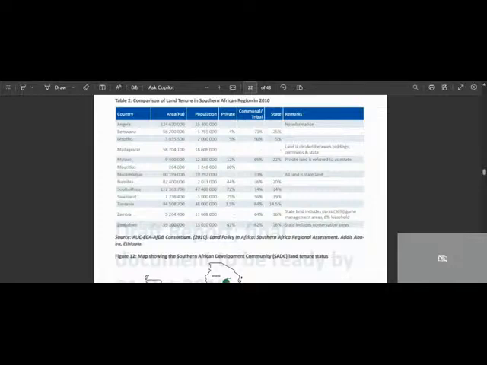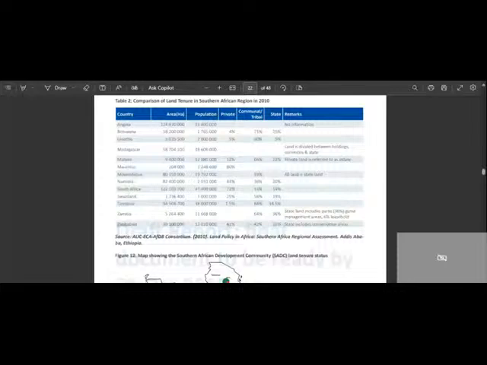A football field is 1 hectare, 100 by 100, that's 1 hectare. So 82 million 400,000 hectares.